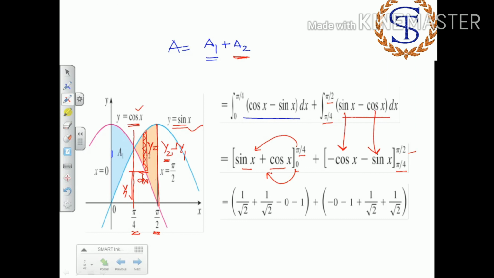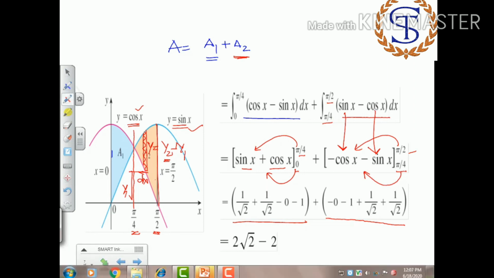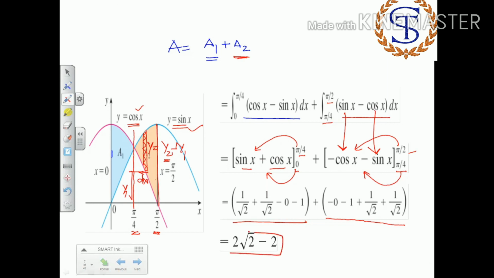Again in the similar way, here put x equals to pi by 2 in place of x, minus put x equals to pi by 4. Then subtracting these, we will have the values. And again after simplifying, we will get 2 root 2 minus 2. This is the required area of the shaded portion.